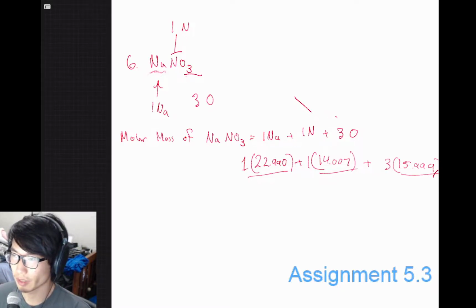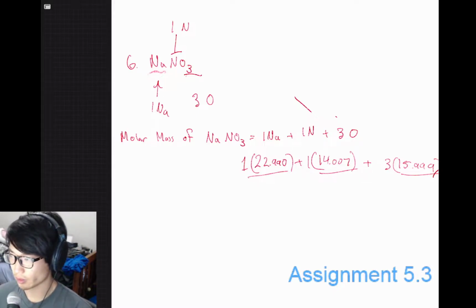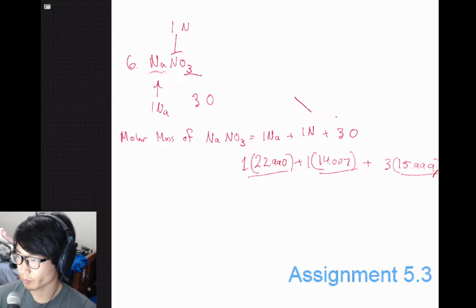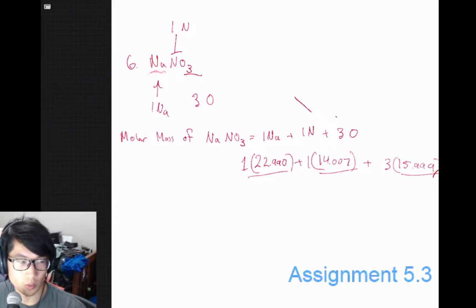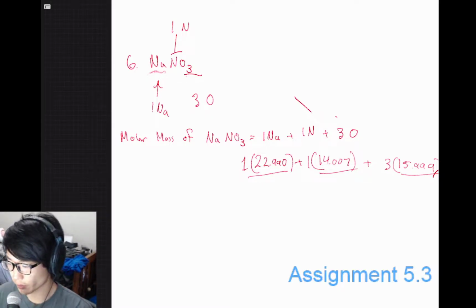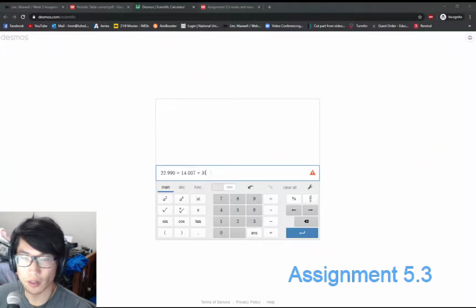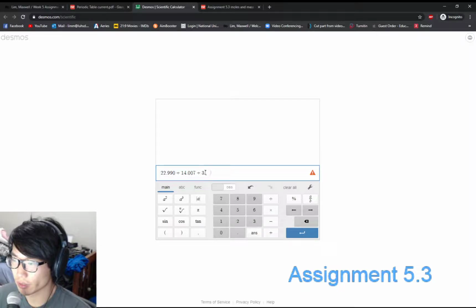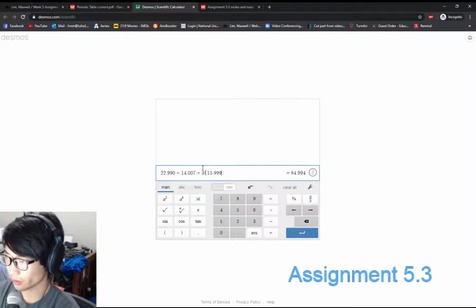I'm going to put that in my calculator real quick. Okay, so here's what I got when I put it into my calculator. I just put this long thing into the calculator, and I got this. Something I want to point out is I'm going to use parentheses because it makes everything easier in life.